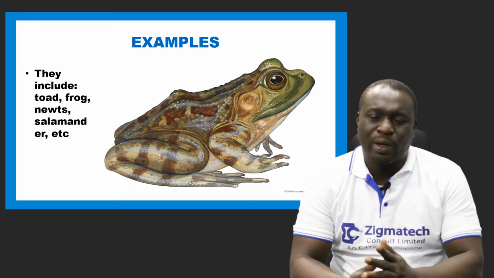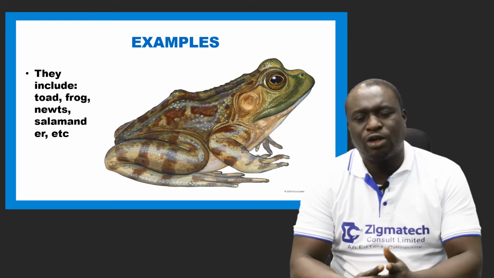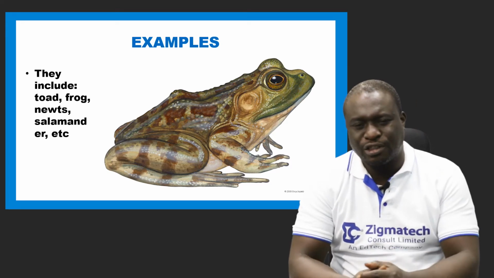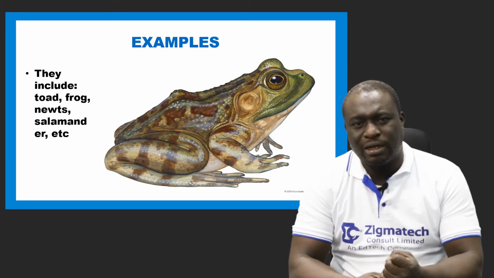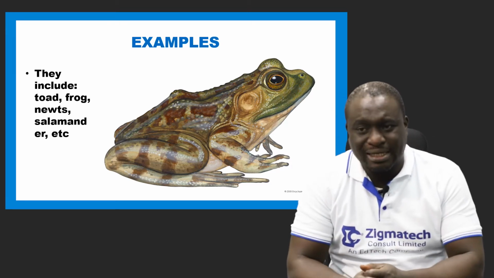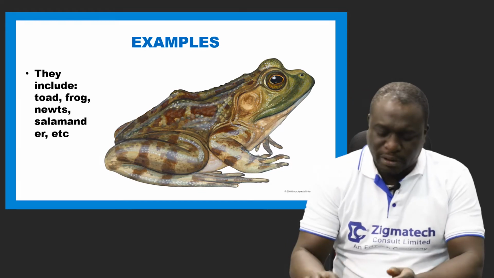Number one, we have the toad. We also have frog, we have newt, we have the salamander, and so on. Like you can see on the screen, we have a frog.